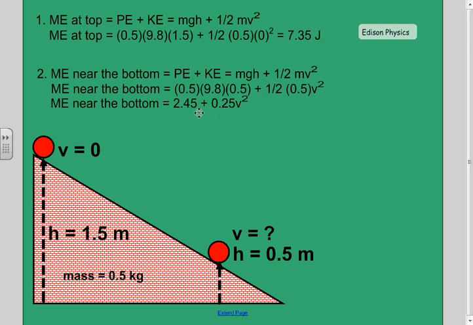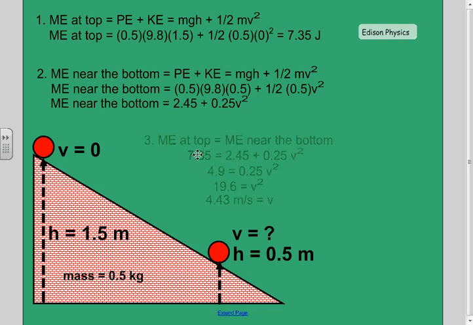So the expression for my mechanical energy at the bottom of the ramp is 2.45 plus 0.25 v squared. All right, now energy is conserved. So the mechanical energy that I calculated at the top of the hill, 7.35 joules, has to equal the mechanical energy that I calculated near the bottom, 2.45 plus 0.25 v squared.